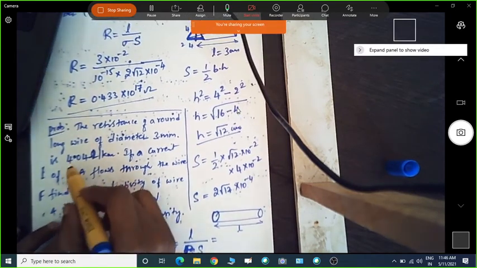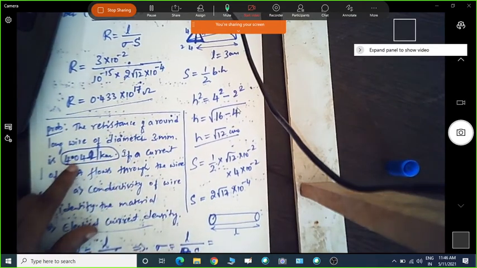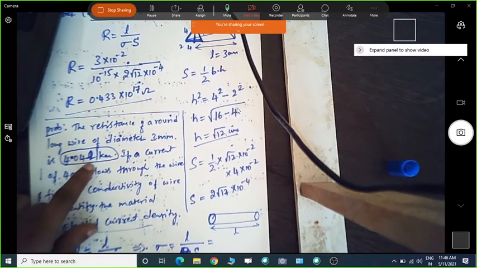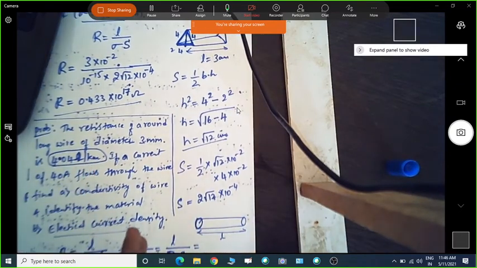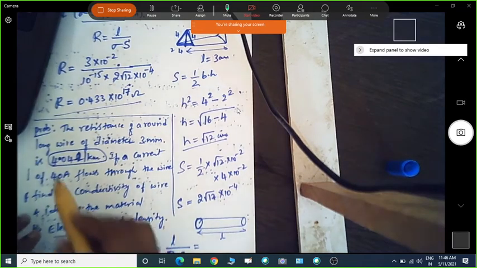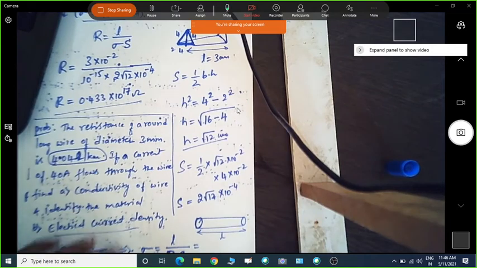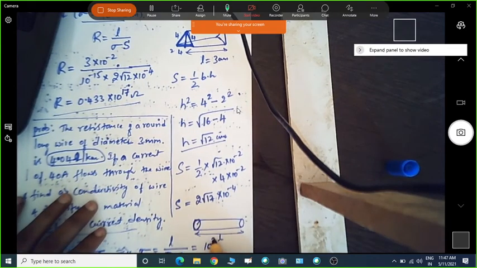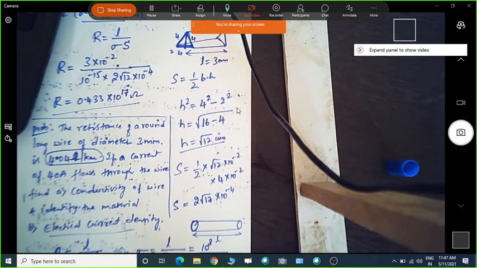So actually it is given in the problem itself. You have to note down here the resistance is 4.04 ohm per kilometer, that is, for a wire of 1 kilometer length we will have a resistance of 4.04 ohm. So you take 1 kilometer for the length.